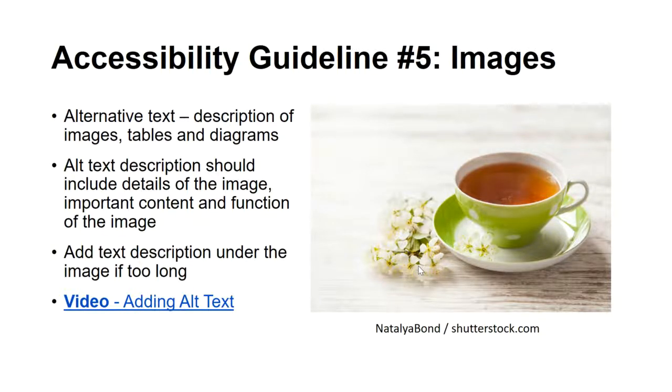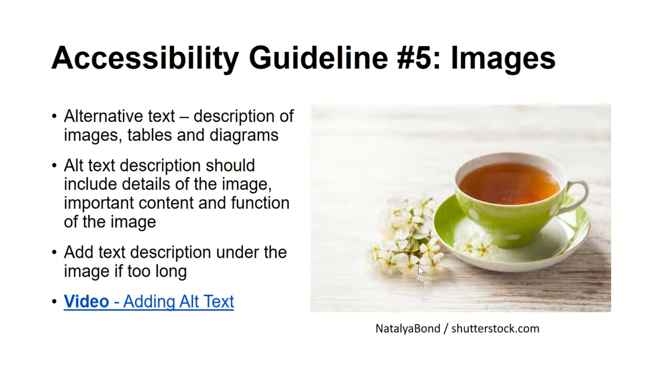One thing I will also say is that context matters. For example, if I was teaching a culinary course, it might be important for me to say cup of chamomile tea.